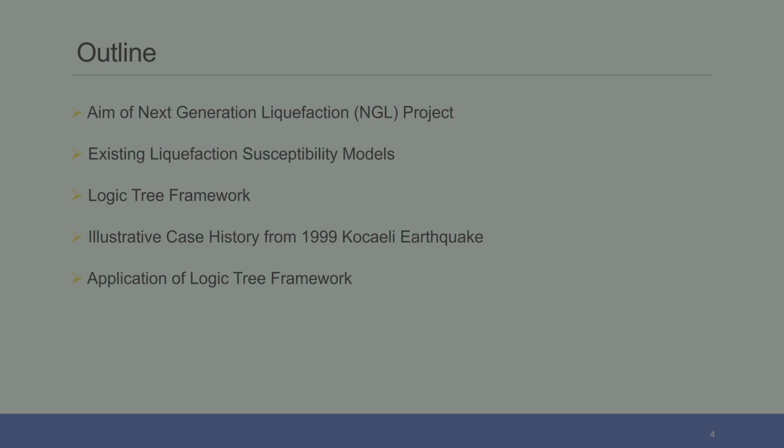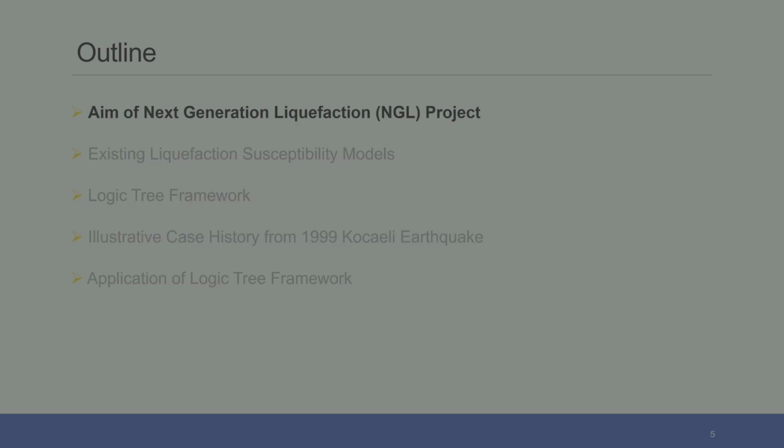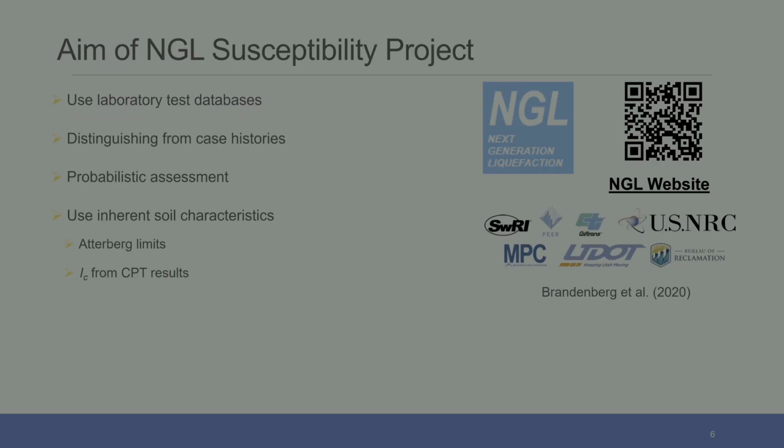Then I will discuss the logic tree framework that we suggest using for susceptibility in the seismic ground evaluations. Then I will illustrate it with a case history from the 1999 Kocaeli earthquake, and we will apply the logic tree framework to this case history. Let's start with the aim.